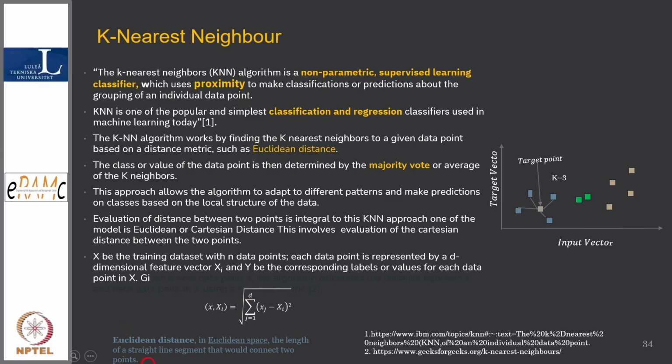Okay. So, we have defined Euclidean distance typically as the length of the straight line segment that would connect the 2 points. Sometimes the jargon confuses you a lot, so the definition has been given. The source of this particular slide or presentation is this one. One or 2 sources I have used for K nearest neighbor.